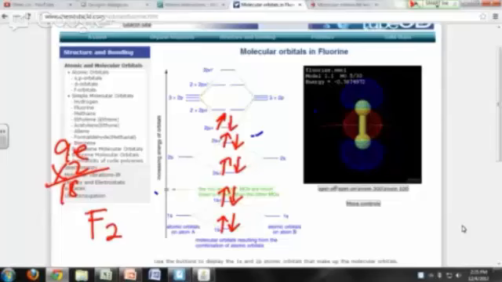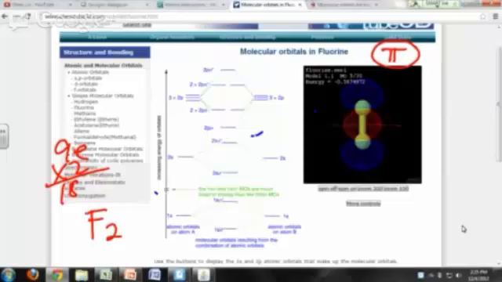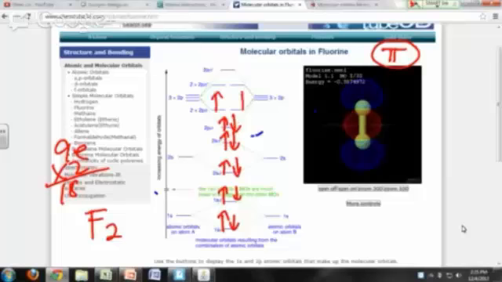Now 2p pi. Remember we said pi orbitals are doubly degenerate, so they come in sets of 2. 1, 2, 3, 4, 5, 6, 7, 8, 9, 10, and then you follow Hund's rule. 11, 12, 13, 14, 15, 16, 17, 18.